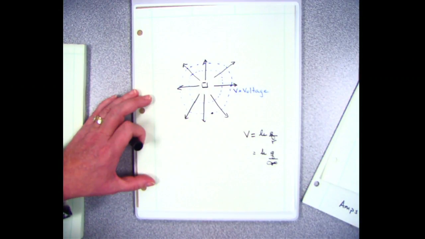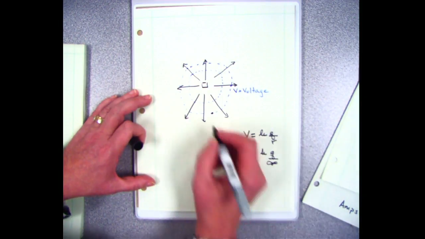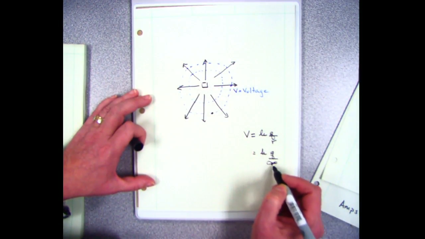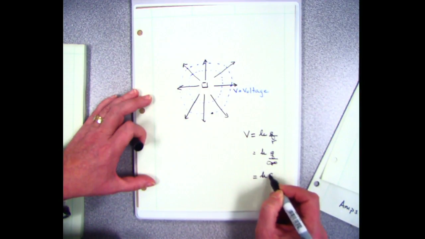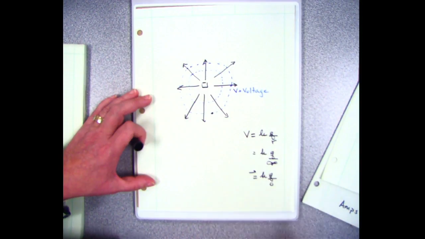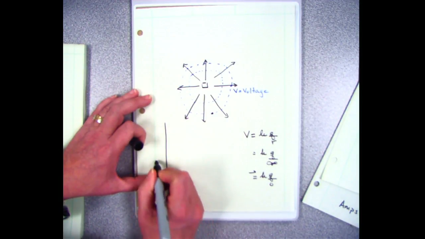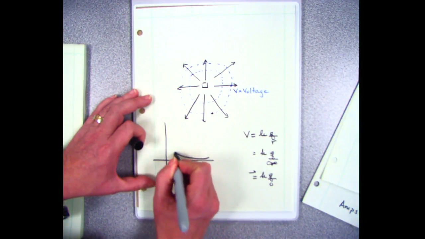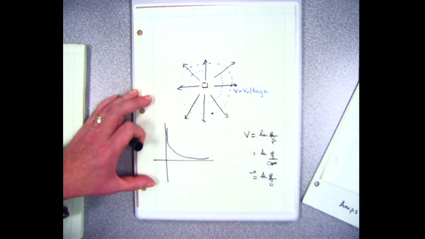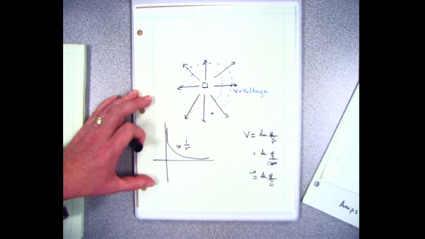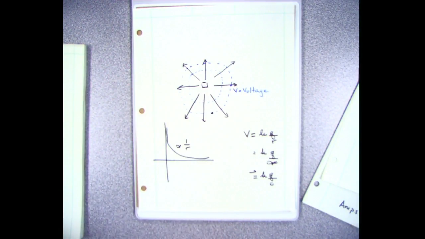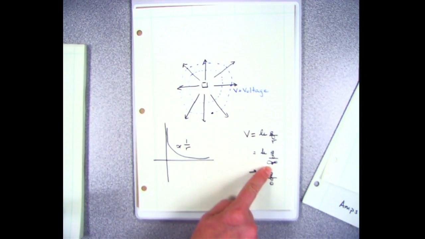And as I come in here, as r is approaching 0, that number is getting really big. And so that's why I'm going to get a potential that's going to look like this. It's going to come in, and I'm going to get that kind of a graph. And it's going to go as 1 over r. It's going to be proportional to 1 over r, depending on my charge in there. So if I'm bringing something in from infinity, or if I'm bringing something up very close, and that radius is getting really small, I'm going to get that singularity.